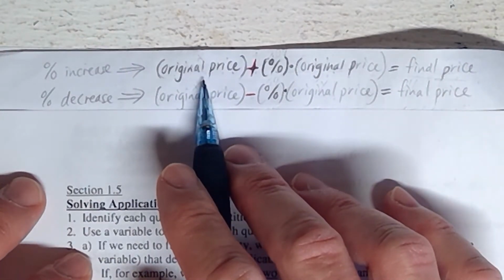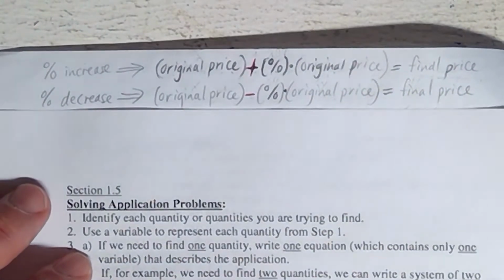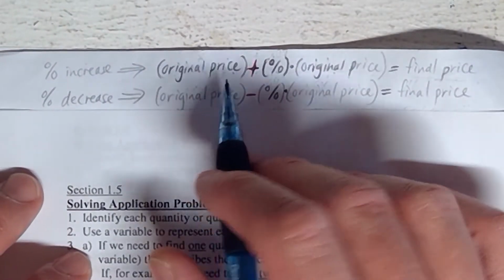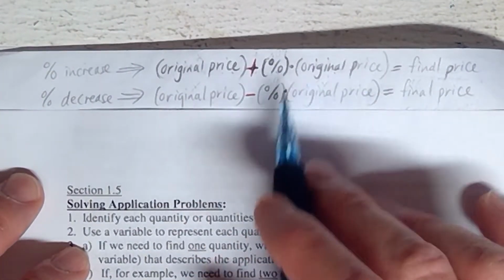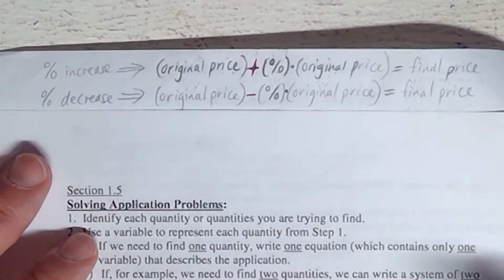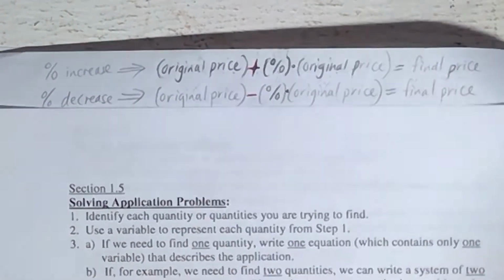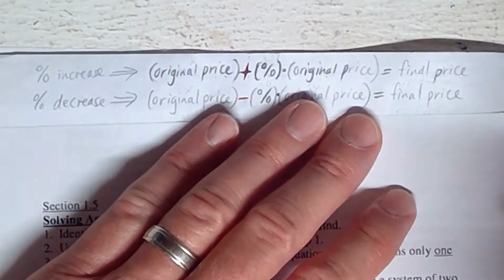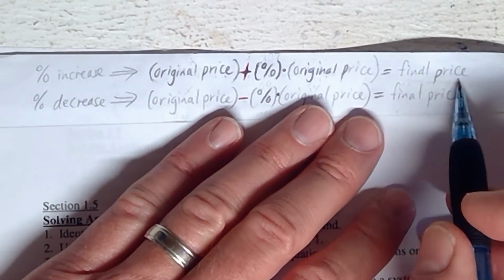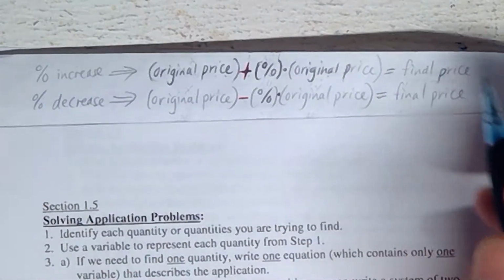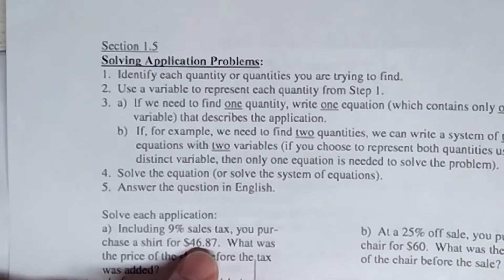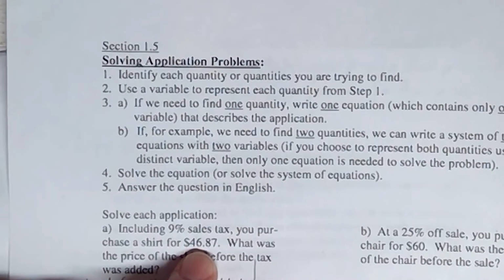Original price. What is that in this problem? First of all, if you know the constant number that one of these things is equal to in the formula, use it. For example, we know the constant number for the final price. It says that you purchased the shirt, including the tax, for $46.87.